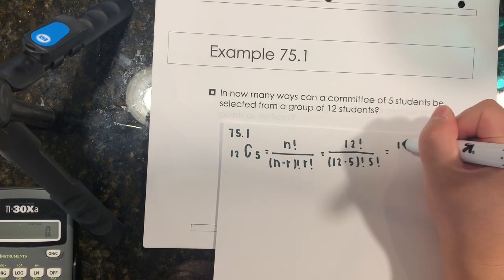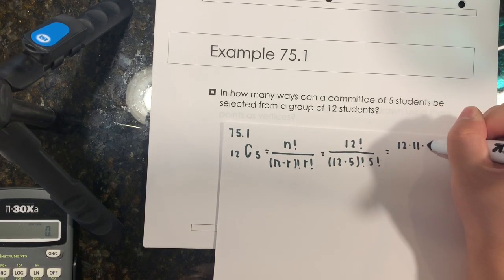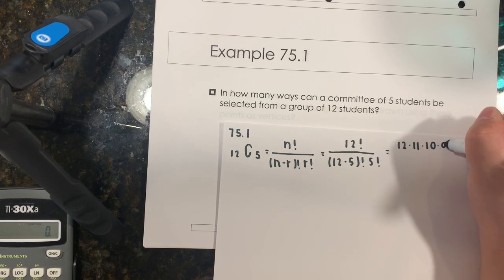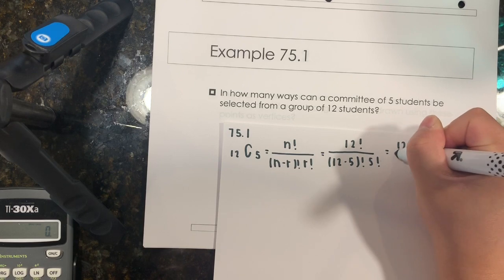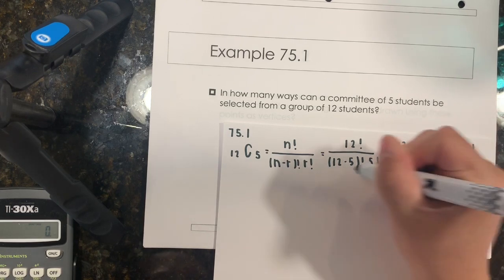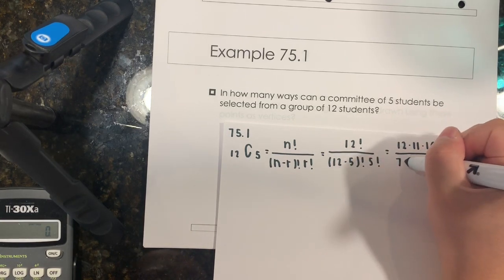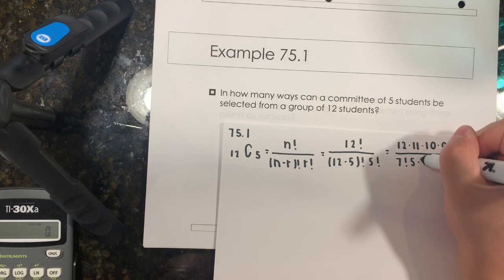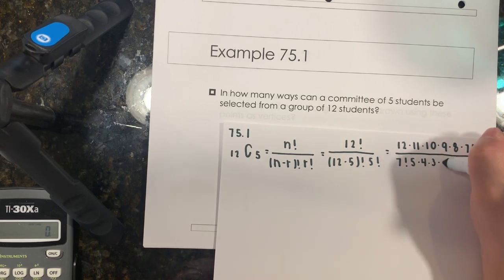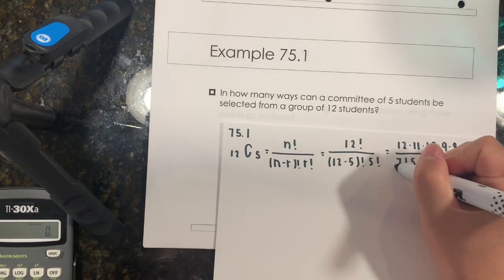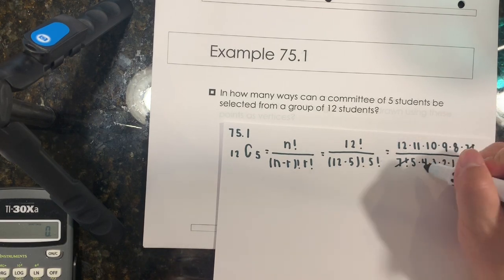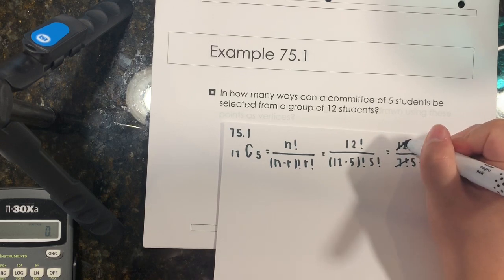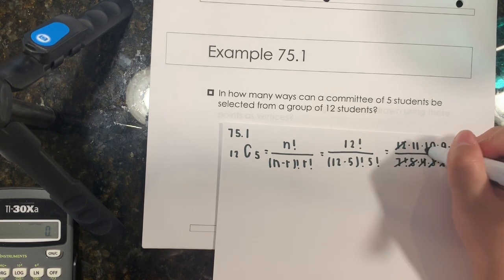Well, 12 factorial would be 12, 11, 10, 9, 8, 7. 12 minus 5 is 7, so that would be 7 factorial, and then 5, 4, 3, 2, 1. So the 7 factorials would cancel. You could do 4 times 3, which is 12, and then 5 times 2, which is 10.